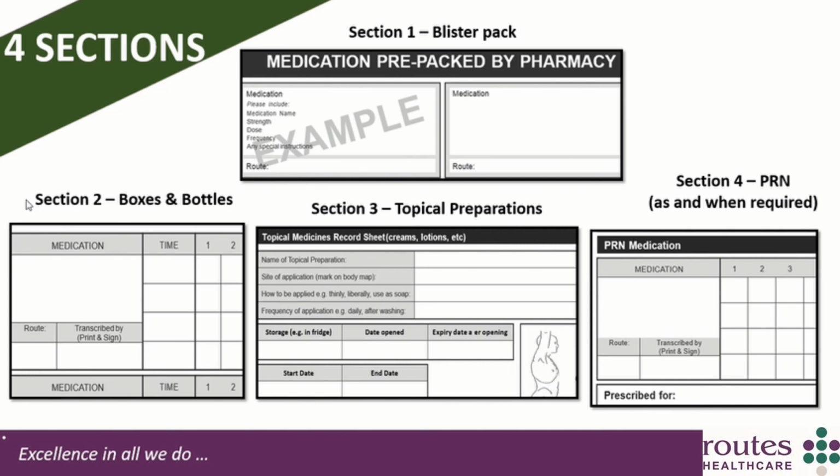So again, turning over onto page 8, we will find section 3, which is for your topical preparations. Those of you existing staff will realise that this is a new part to the MARS chart. Now going on to page 12, we will see that we've got section 4, which is your PRN section, and that is for as and when required medication.